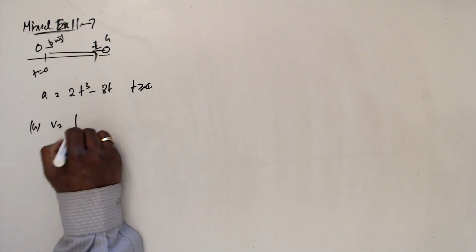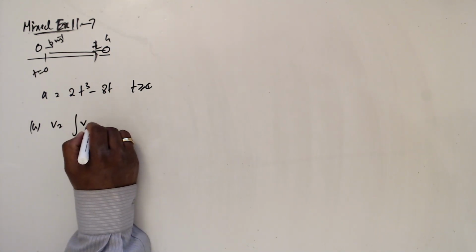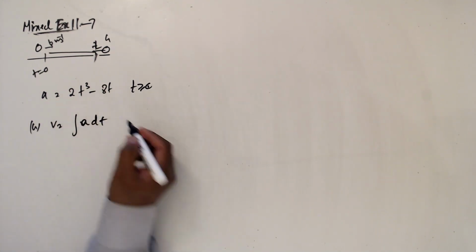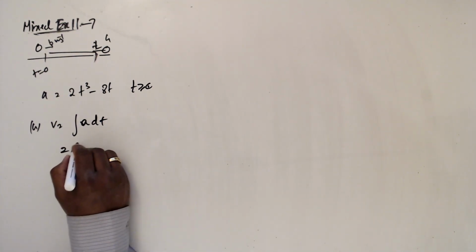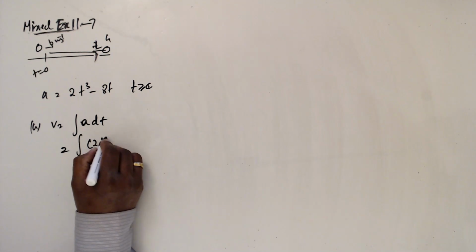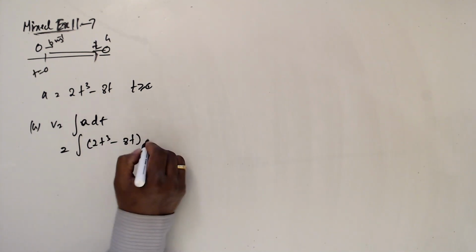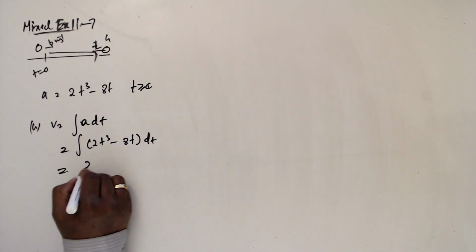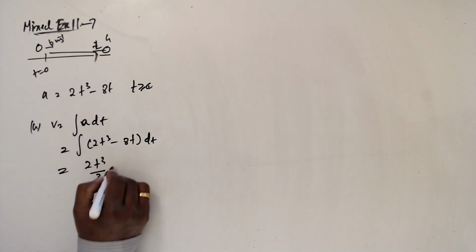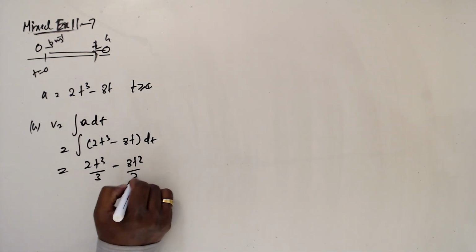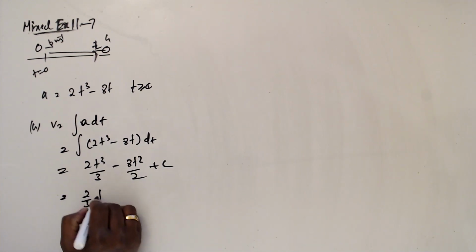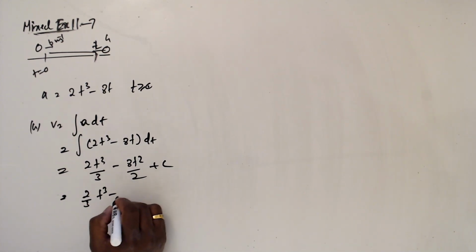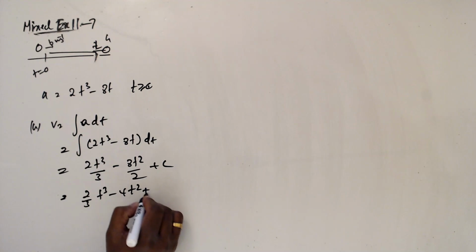V is, when we integrate acceleration, we will get the velocity. So this is integrate 2t cube minus 8t dt. So this is 2t cube over 3 minus 8t plus c. So this is 2 over 3 t cube minus 4t square plus c.